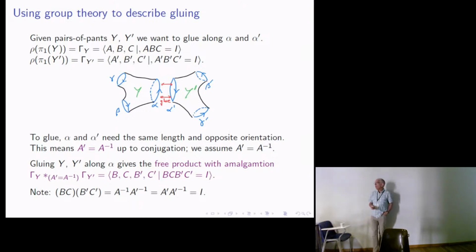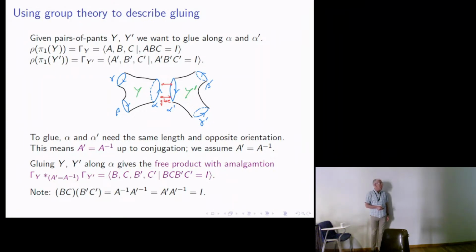Okay, and now how do I glue these together? Using the language of combinatorial group theory, I do it using a free product with amalgamation. So I take the two groups, and the only new relation I have is that A prime is A inverse, and so then that gives me a group, which I can write as a group on 4 generators with the product being the identity, which you could think of as going around all 4 boundary components, but I can recover that by writing this relation.